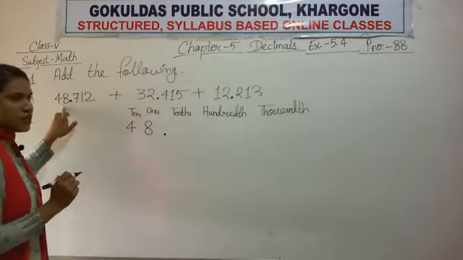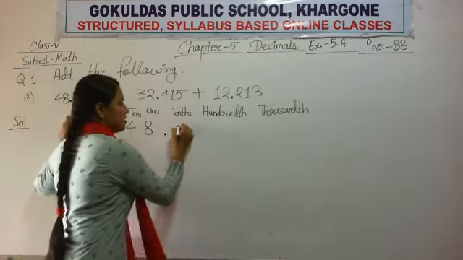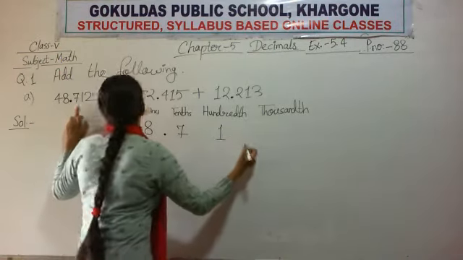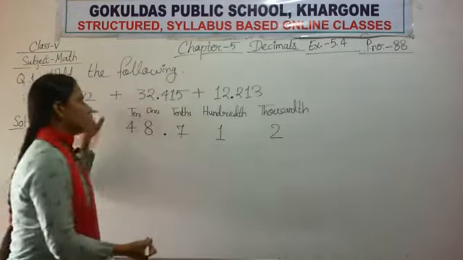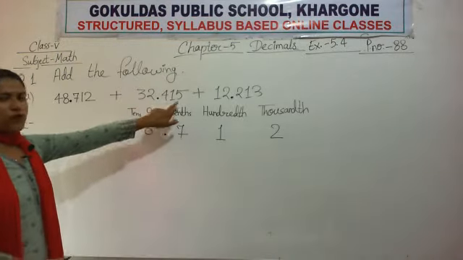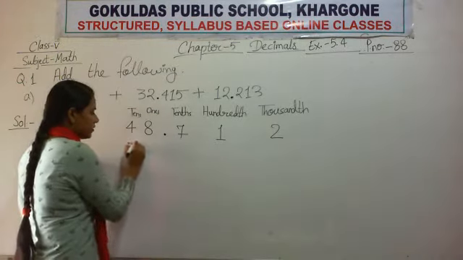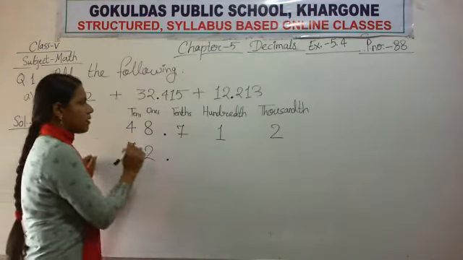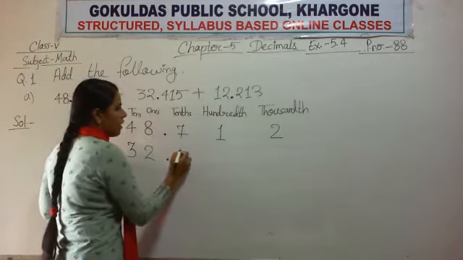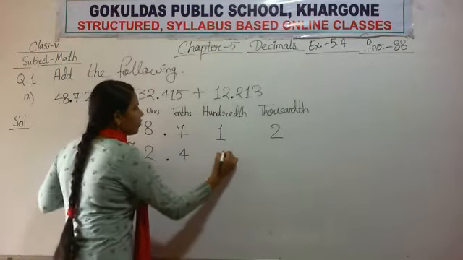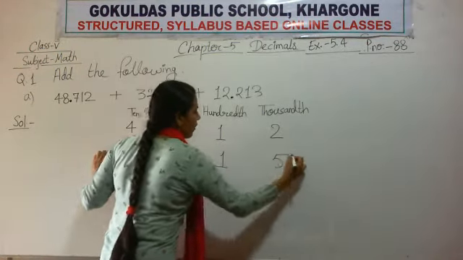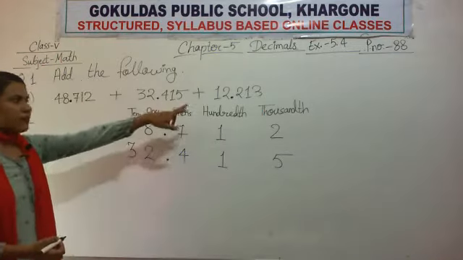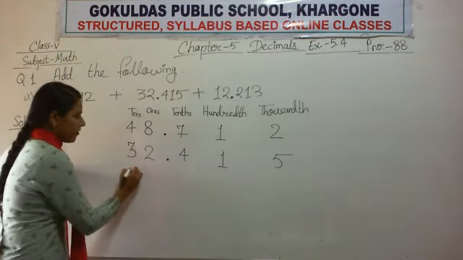Okay, your first number is 48.712. Second number is 32.415. So arrange it column wise. Remember, arrange all the numbers column wise. 4, 1, 5. And the last number is 12.213.